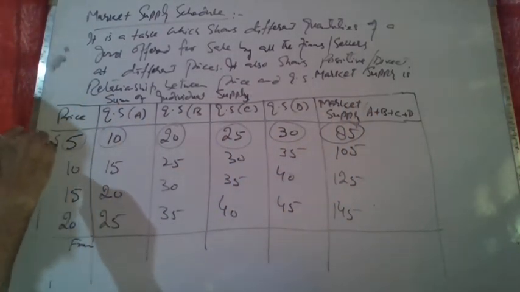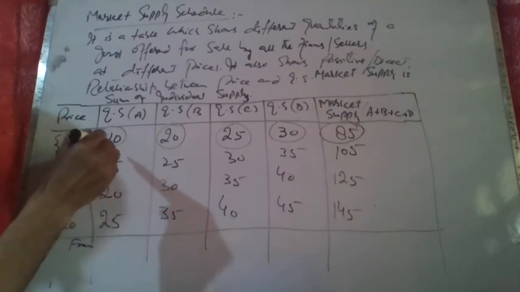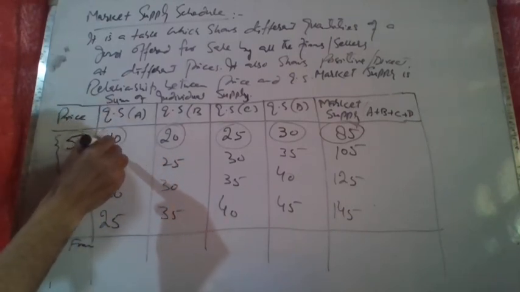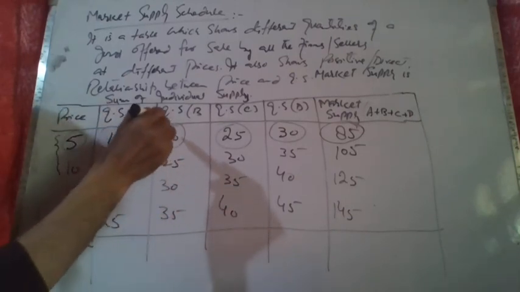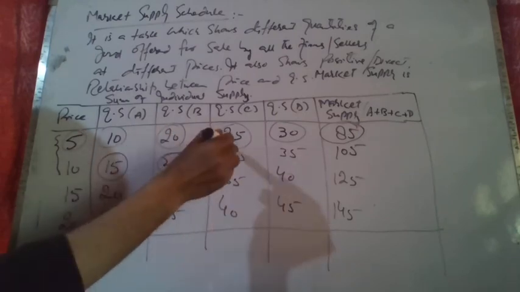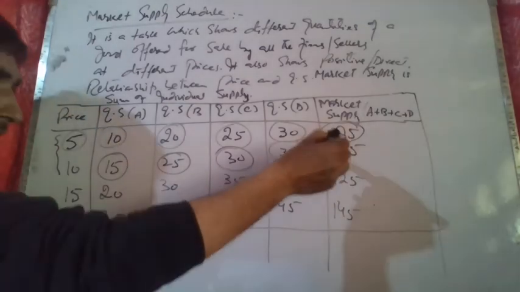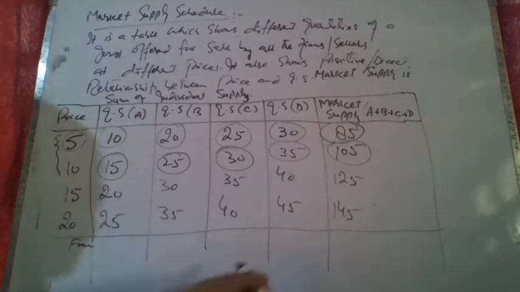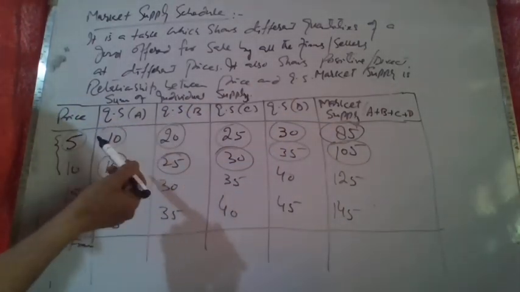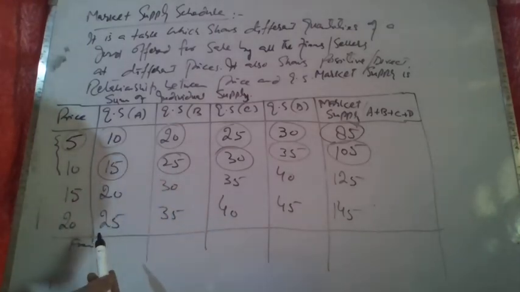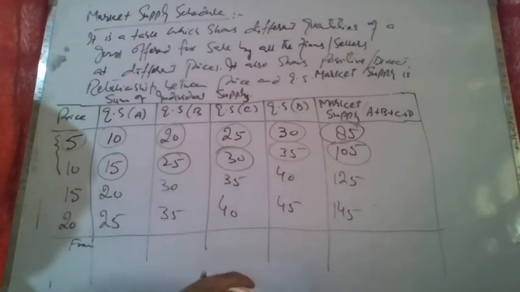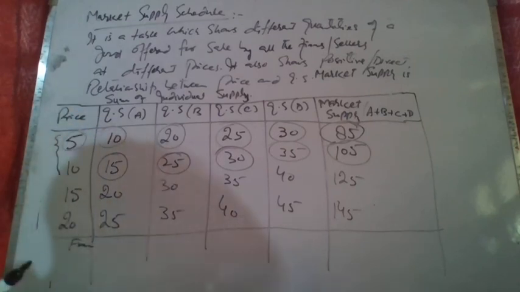When price rises from 5 to 10, supply of A increases to 15, B to 25, C to 30, and D to 35, and market supply becomes 105. So as price increases, individual supply increases and market supply also increases. We show a direct relationship between price and quantity supplied.